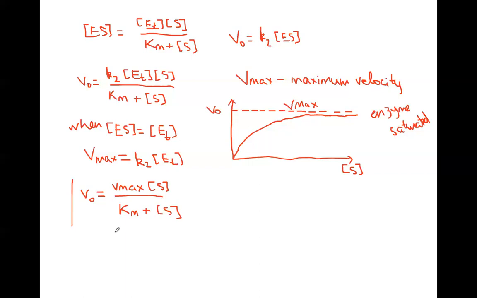So we reached what's known as the main equation of the enzyme kinetics, known as the Michaelis-Menten equation.